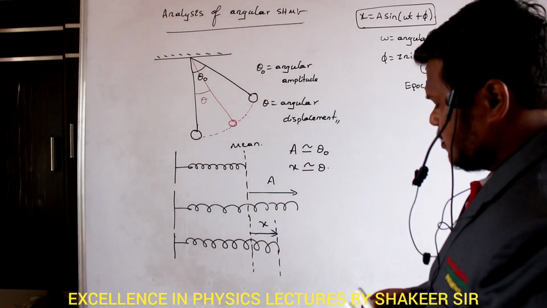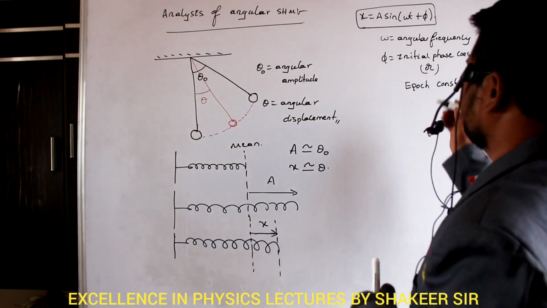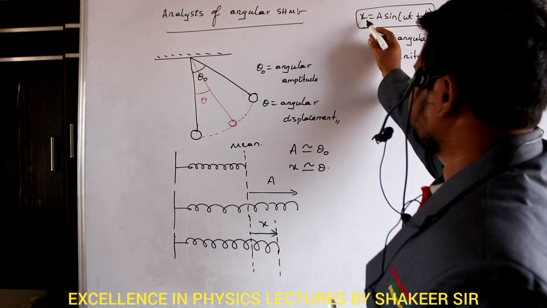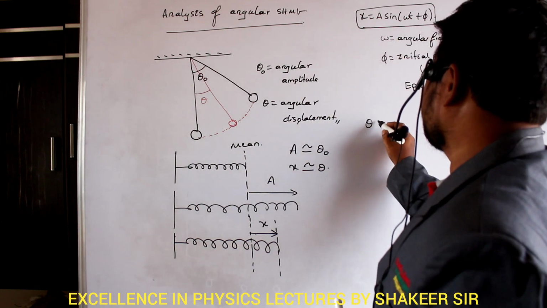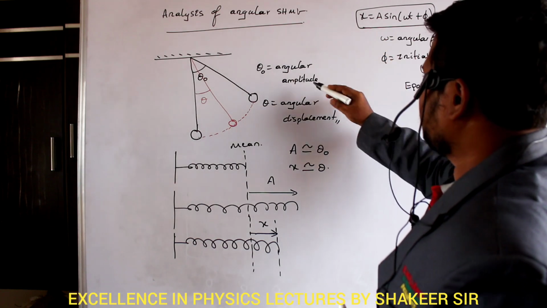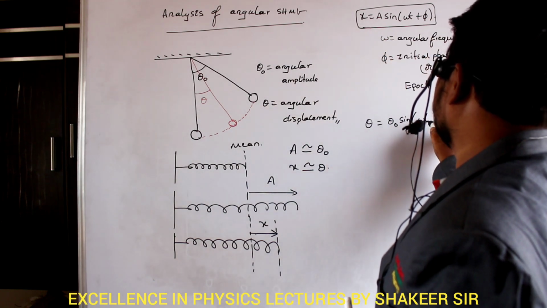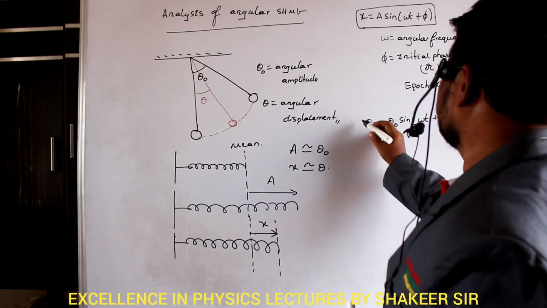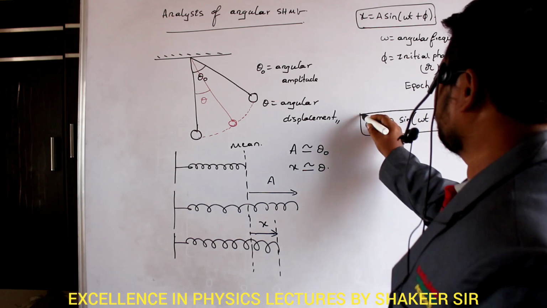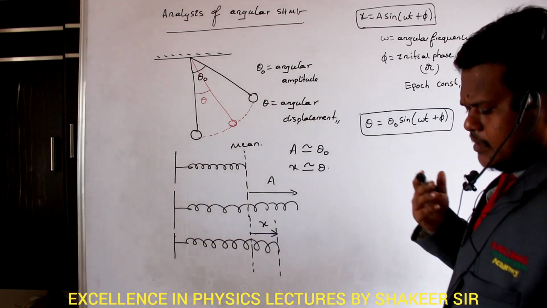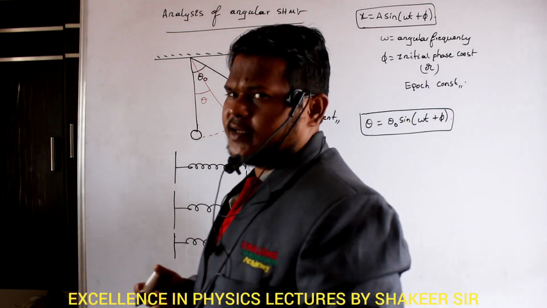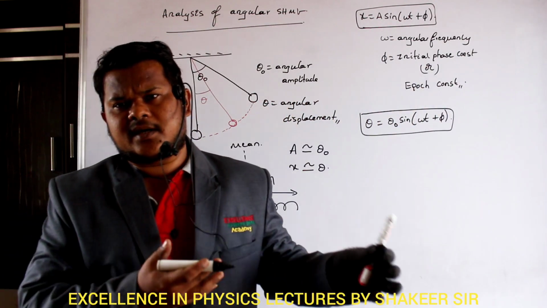How can I write the equation for angular SHM? Instead of x, I will write theta, and instead of A, I will write theta naught. So theta equals theta naught sine (omega t plus phi). This means that the equations of linear SHM and angular SHM are analogous to each other.